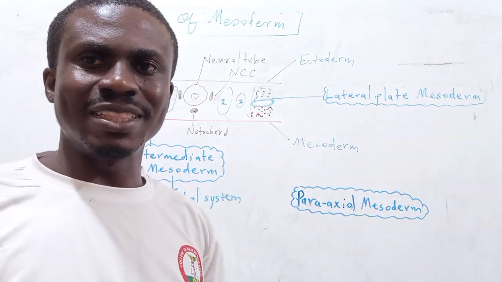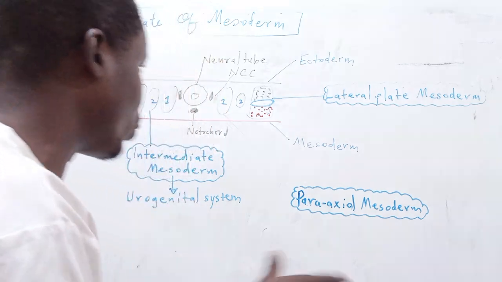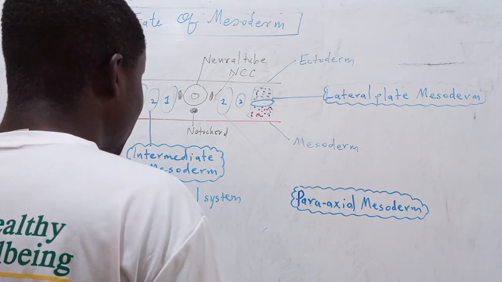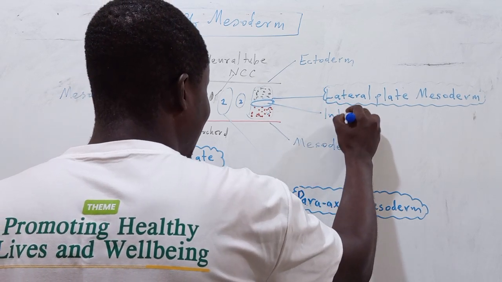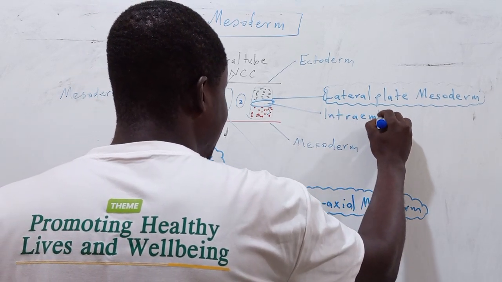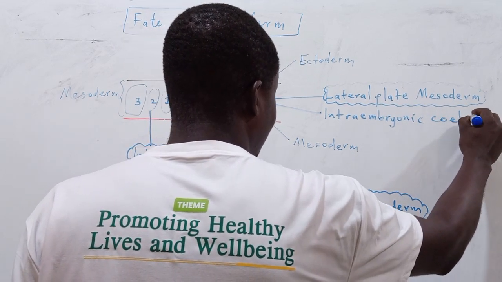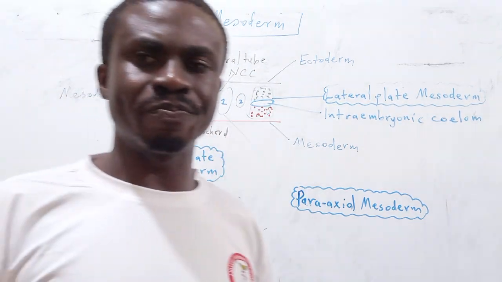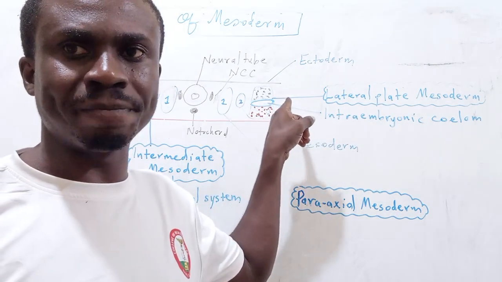And my friends, this coelom will be called intra-embryonic coelom. So I want you to put that point down. The coelom that will be formed in here will be called intra-embryonic coelom. That's what will be formed in here.